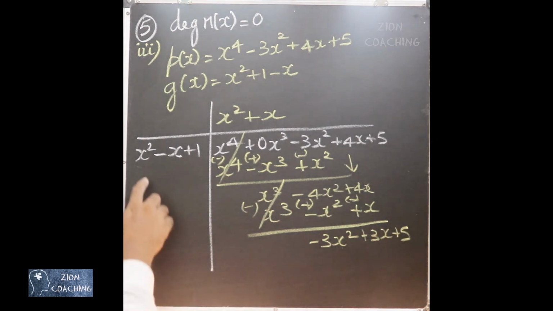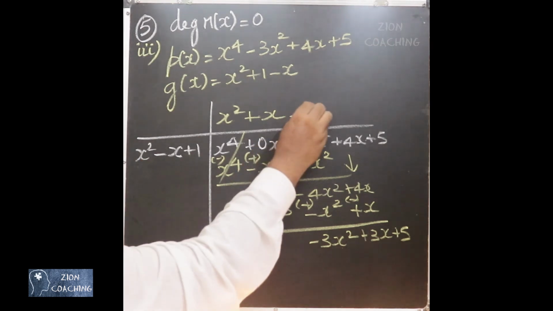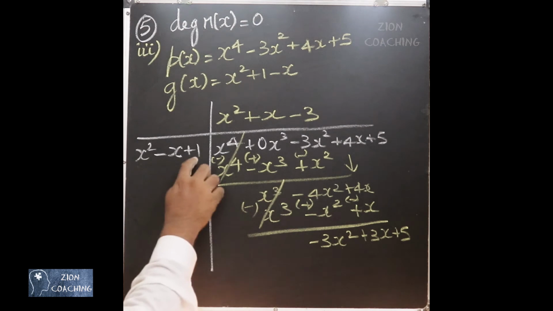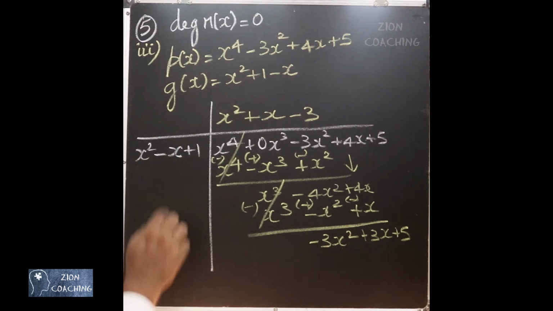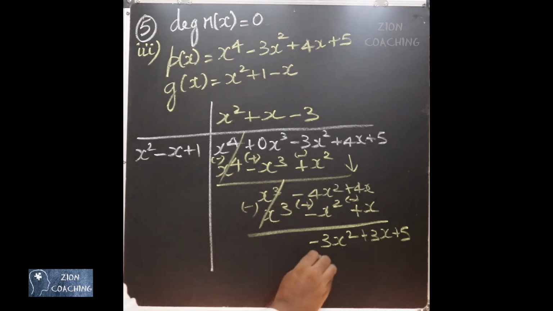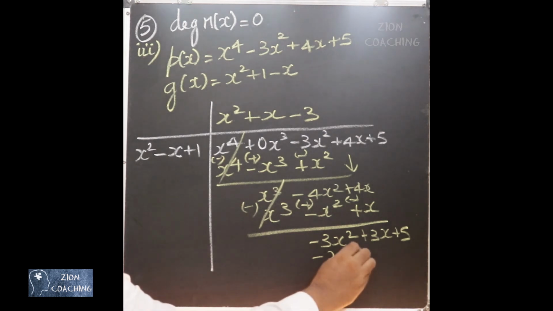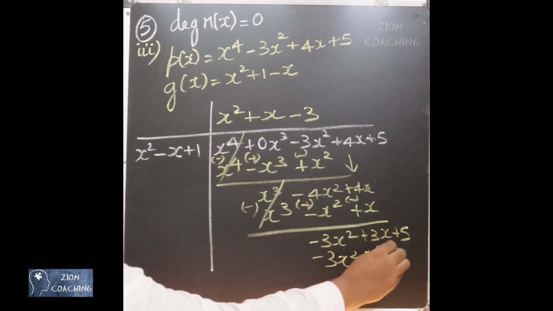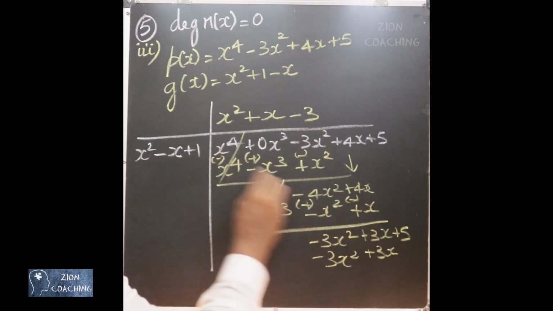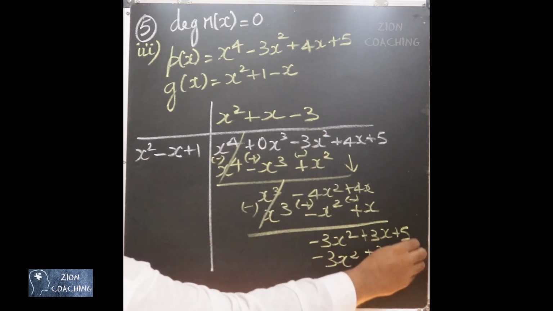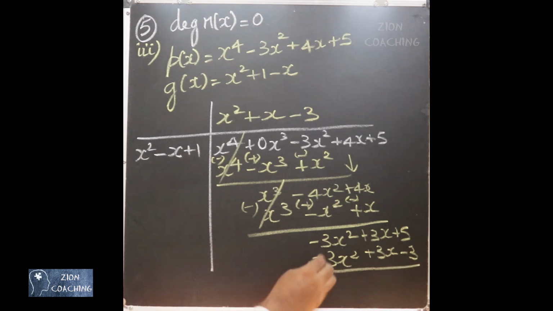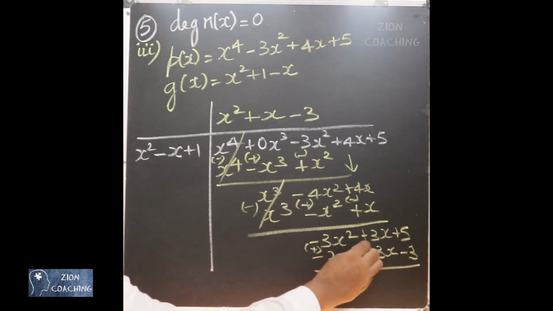Now when you multiply by minus 3, you will get minus 3x squared. So we are going to multiply the entire divisor by minus 3. So we are going to have minus 3x squared, minus 3 into minus x is plus 3x, minus 3 into 1 is minus 3. Now change the symbol.